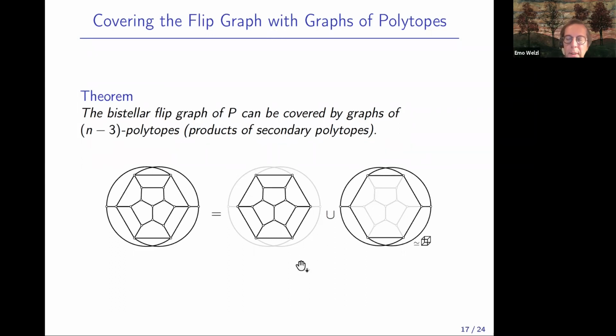This is one interpretation that this graph is actually close to graphs of polytopes. The building blocks you see here are products of secondary polytopes. Obviously an edge is a secondary polytope. So this cube is a product of 3 edges, and therefore it's a polytope.